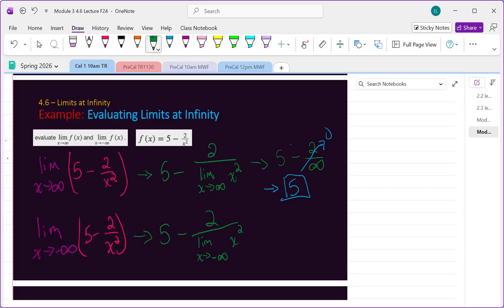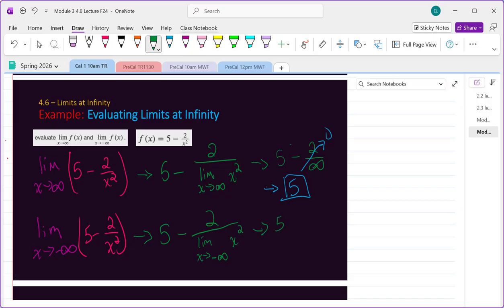So as x approaches negative infinity of x squared, think about our graph of x squared. It's a parabola, right? So as x goes to positive infinity, it shoots up. As x goes to negative infinity, it shoots up. So the limit as x approaches negative infinity of this is still going to infinity.